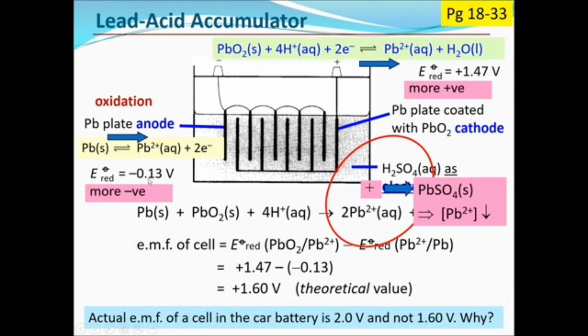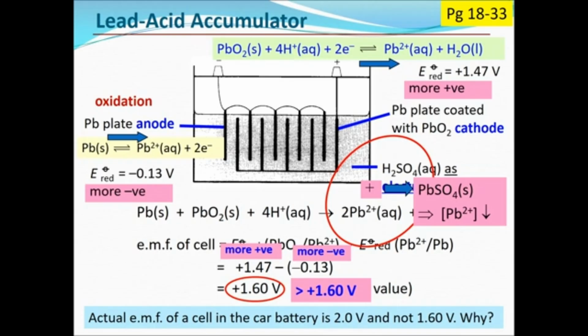At the same time, if you look at the anode reaction and the cathode reaction, they are both affected in the same way, that when the lead concentration decreases, your potential shifts to the right. So it's affected both ways. So that gives you a more positive value and a more negative value here, and that changes it to much greater than 1.6 volt.